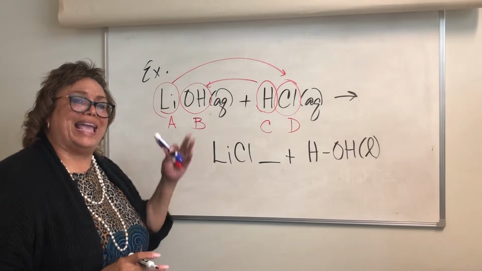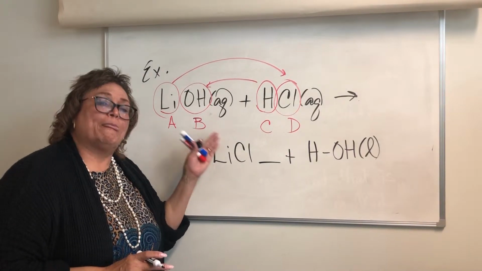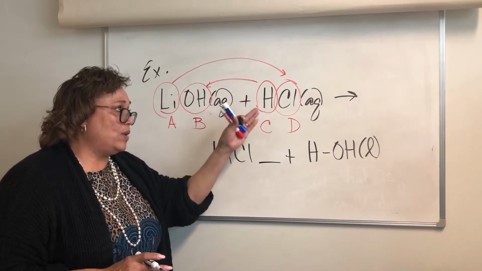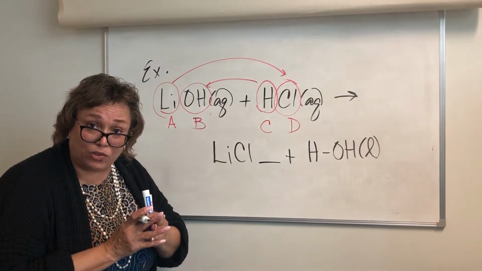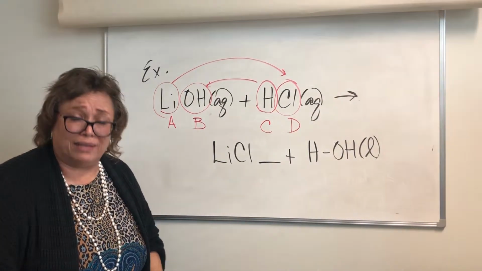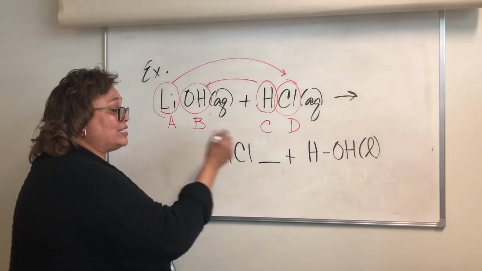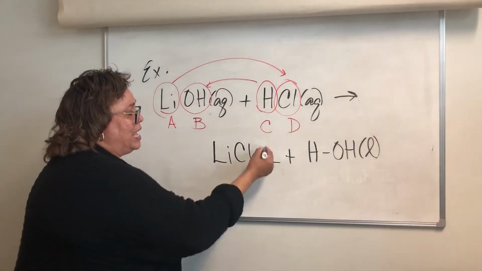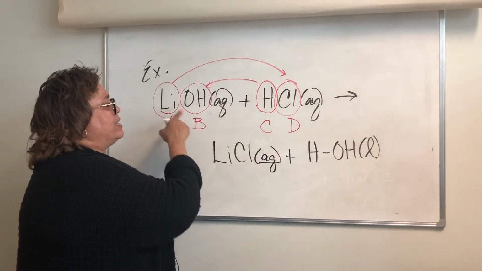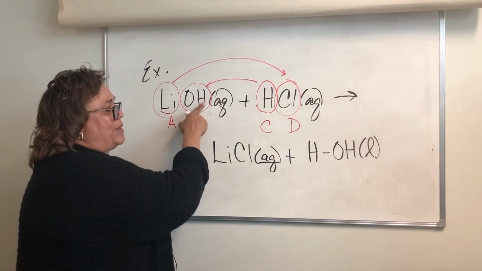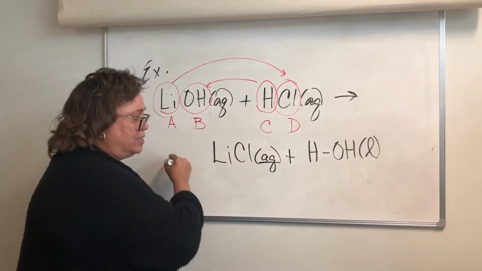Whenever you have an H plus aqueous in solution with an OH minus aqueous, they always come together to make water. It's lower energy. That's called life. So let's look at the solubility table, and you can see group 1A will always be aqueous. And then you can look and see you're already balanced. Isn't that easy? Check.